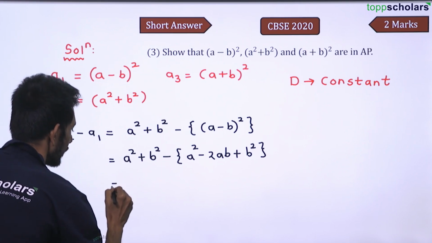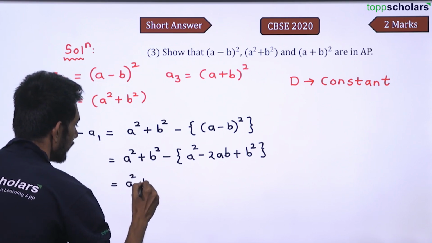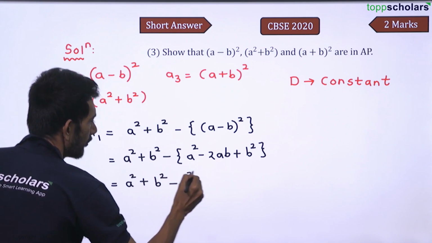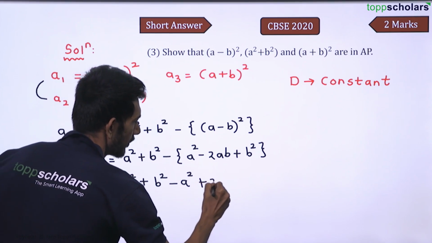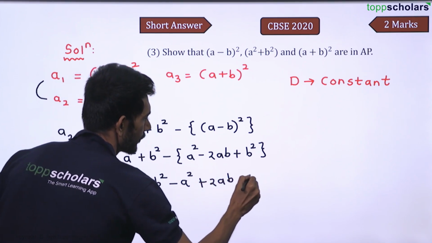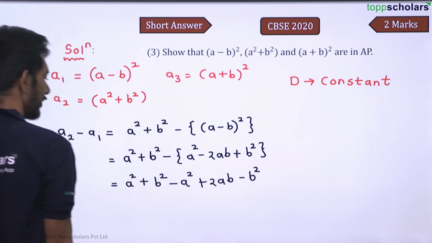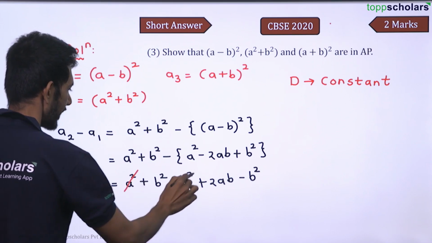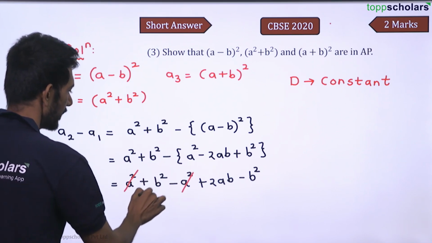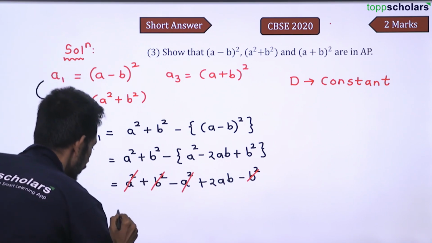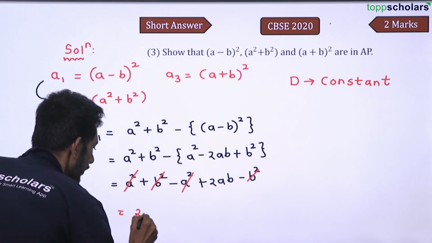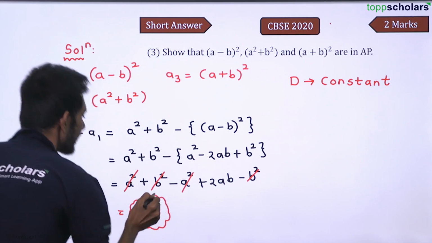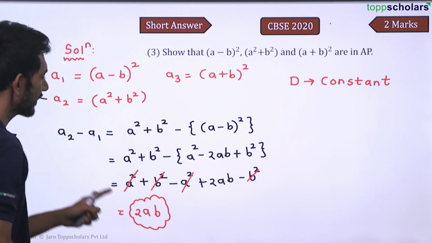So that is equal to A square plus B square minus A square plus 2AB minus B square, right? Now see what all is getting cancelled. A square minus A square gets cancelled, B square minus B square gets cancelled. So I am going to get 2AB, okay? So you can keep this aside. The value of A2 minus A1 is 2AB.